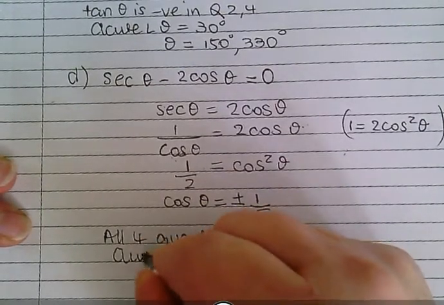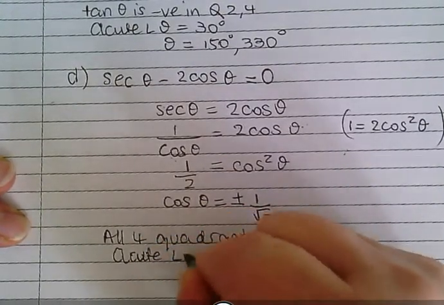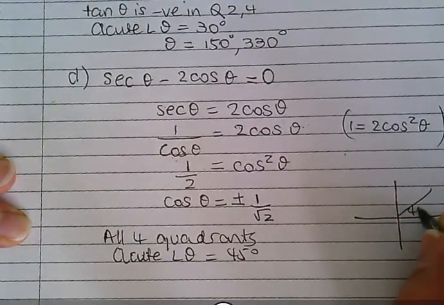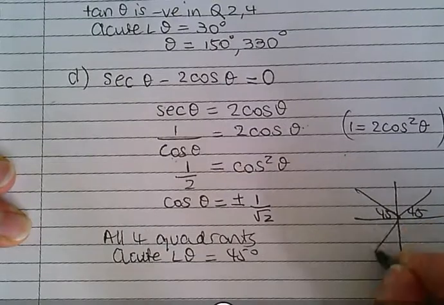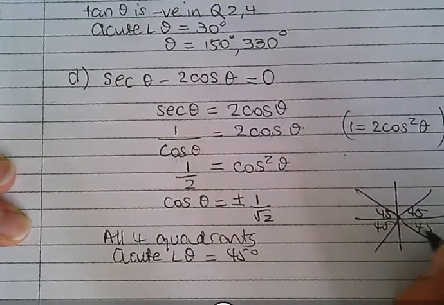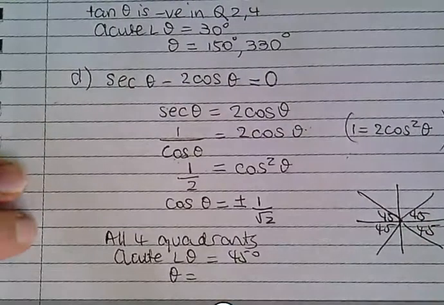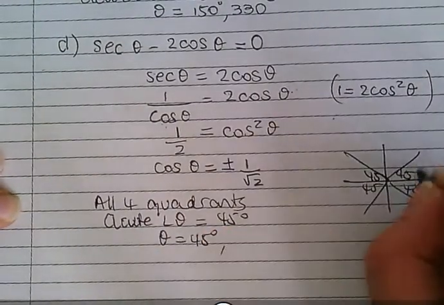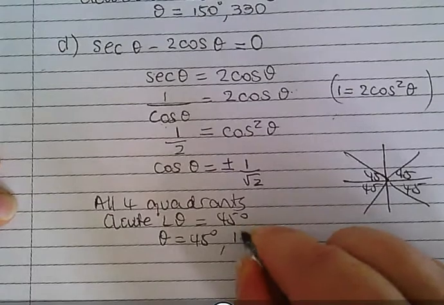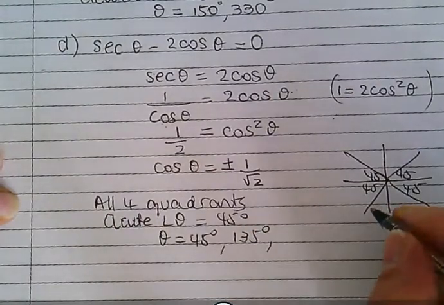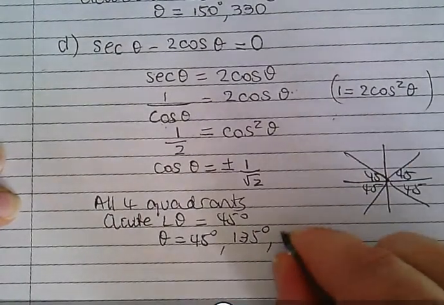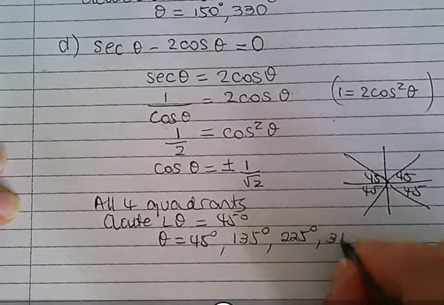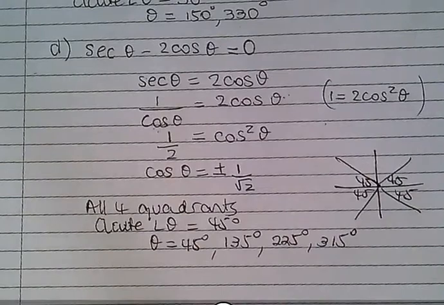Acute angle is 45 degrees. So we've got 45, 45, 45 and 45. So therefore theta is 45. This one's 180 minus 45, which is 135. 180 plus 45 is 225. 360 minus 45 is 315.